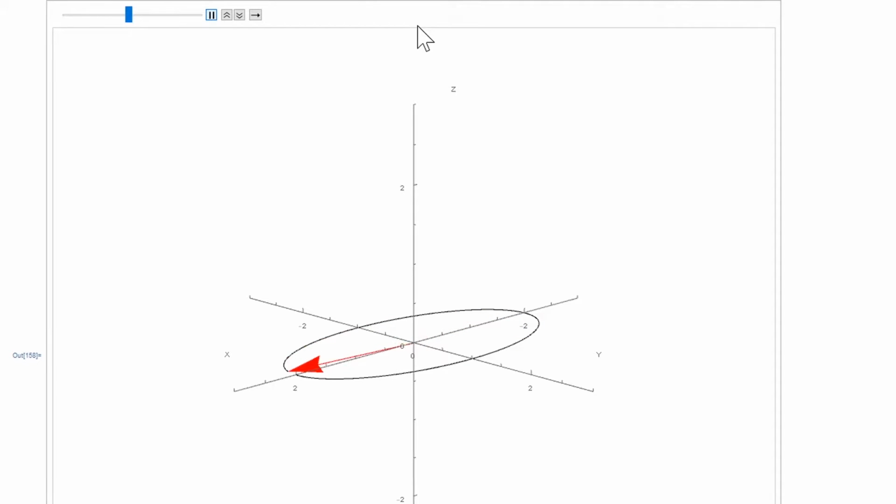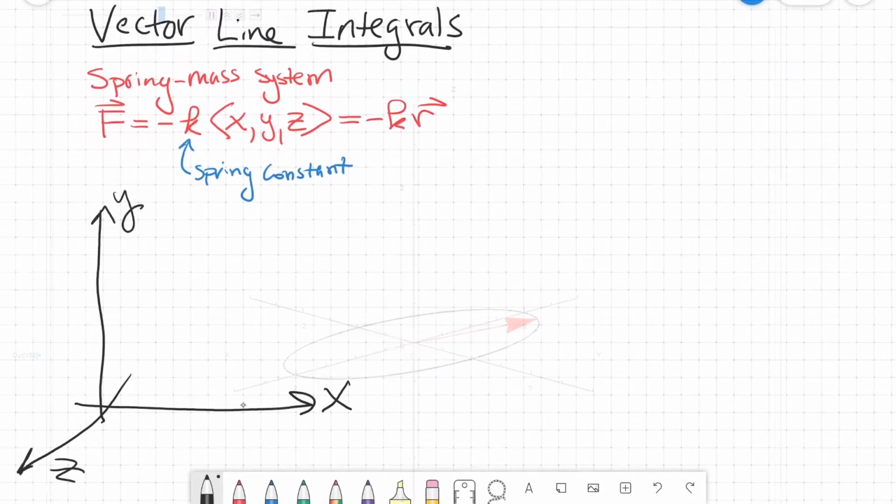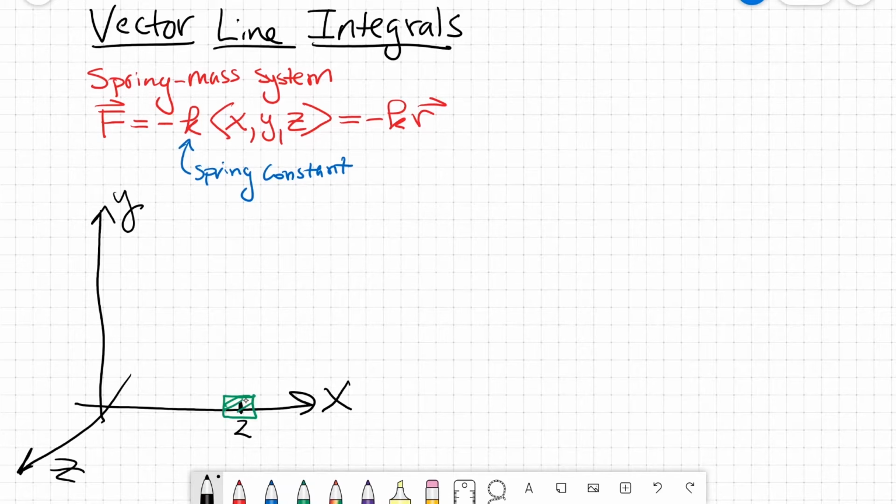Let's see the amount of work that the spring does on the mass as it's going around this elliptical orbit from the positive x-axis to the positive y-axis. The mass starts at x equals 2 on the x-axis and swings in an elliptical orbit to y equals 1 on the y-axis.